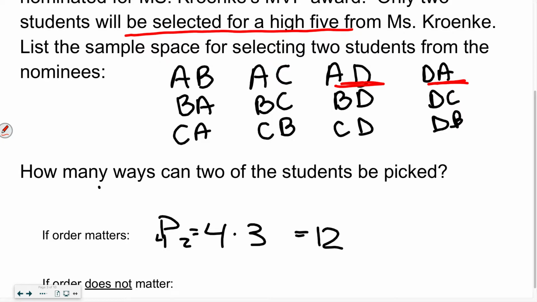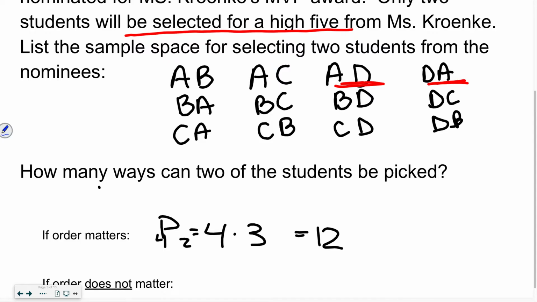So if order doesn't matter, then how many ways would I be able to pick my 2 students? 6. How are you calculating 6 or seeing 6 up there? Because I just removed all the ones that basically repeat. Yeah, if you go searching through this, you're going to find 2 where they're the same.